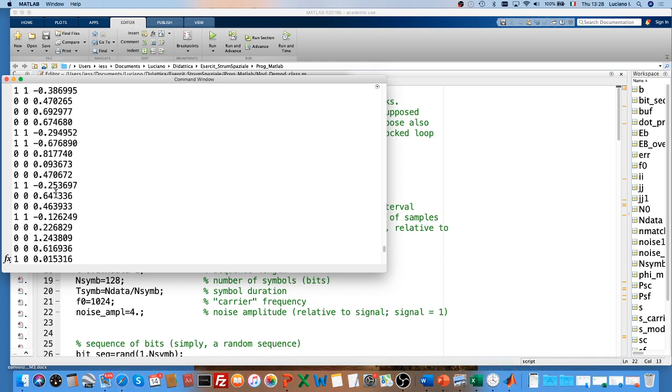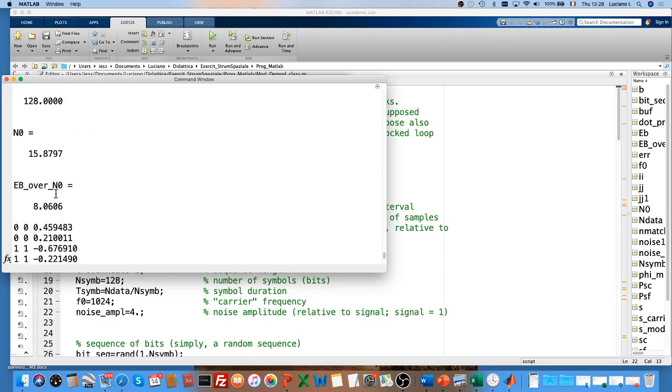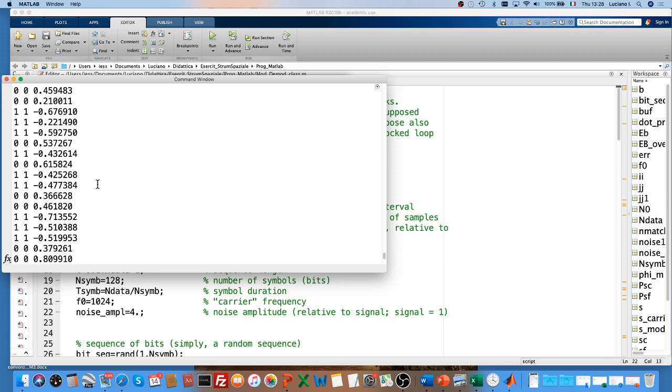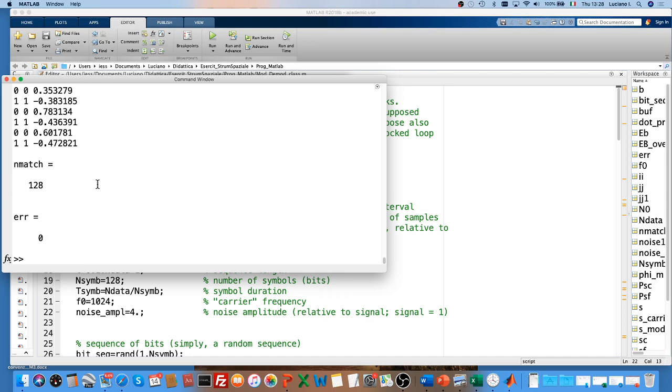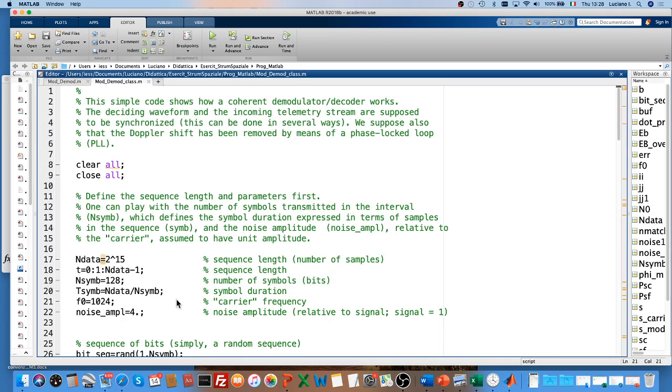The energy per bit, let us see what is the value of the energy per bit. Maybe I skipped it already. Okay, energy per bit over n0 is equal to 8. So a fairly large number, but nonetheless, it may have been pure chance not to have committed a mistake.